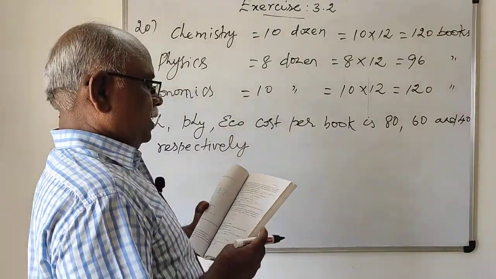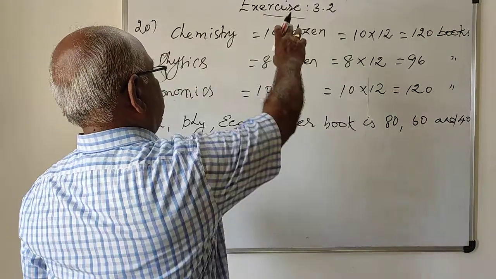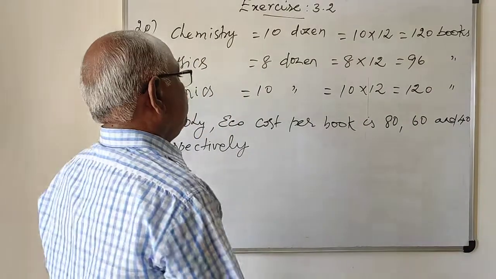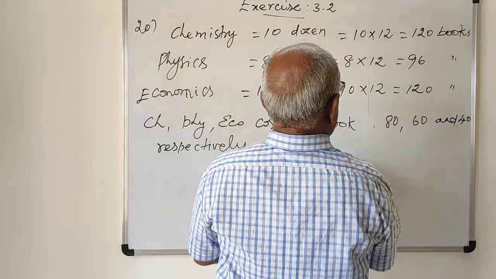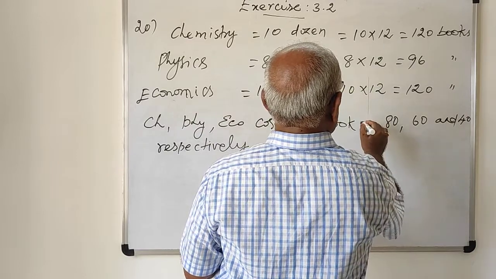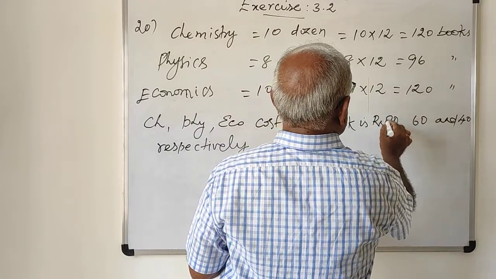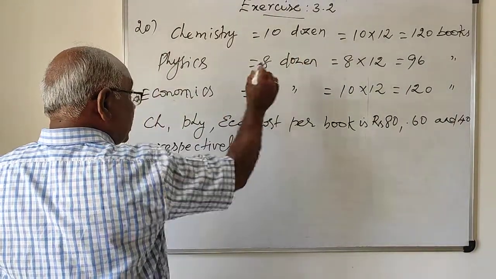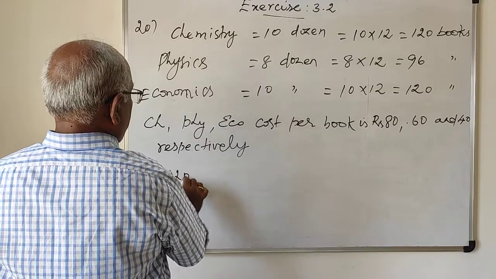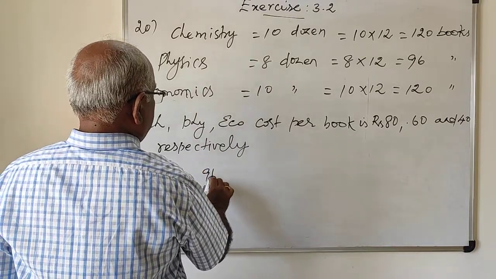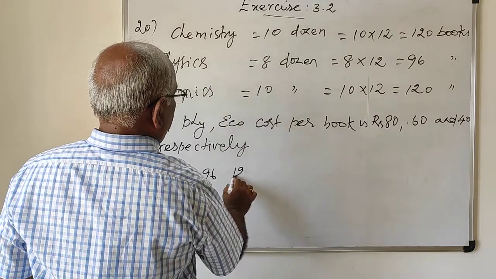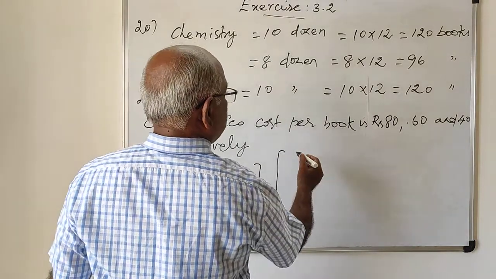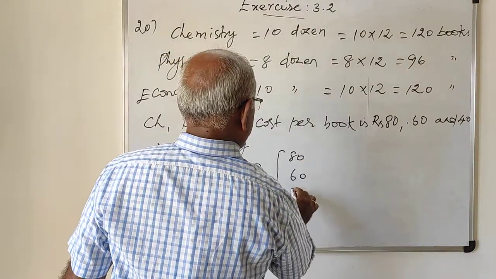Then find the total amount the bookshop will receive from selling this many books at the cost of 80 rupees, 60 rupees and 40 rupees each book. So this can be expressed by the matrix method. 120 chemistry books, 96 physics books and again 120 economics books form a matrix, and the cost is 80, 60, 40.